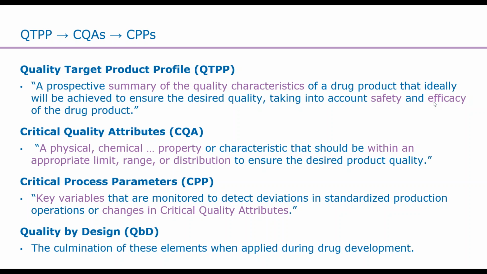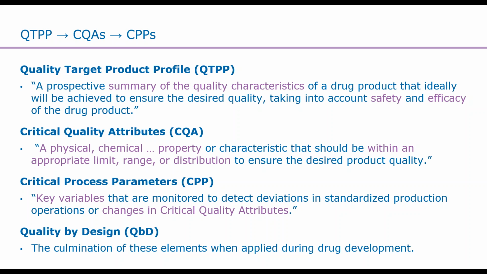And I think ultimately, they're asking you to use the following framework in your decision-making as you progress through the development process. One of the terms you'll hear is Quality Target Product Profile, or QTPP. And this is a prospective summary of the quality characteristics of a drug that ideally will be achieved to ensure the desired quality, taking into account safety and efficacy of the drug product.